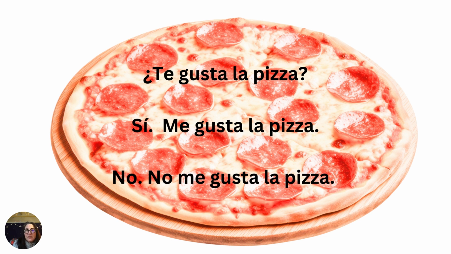Okay. So I think the best way to practice this is just to take some of that vocabulary that you're learning and see if we're going to use gusta or gustan for describing these things.